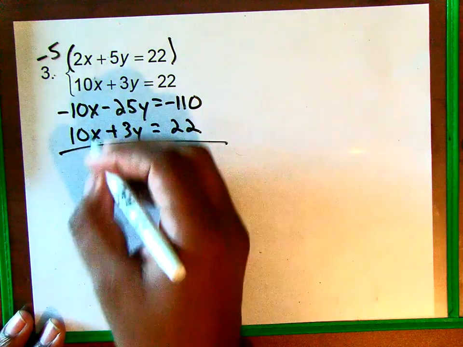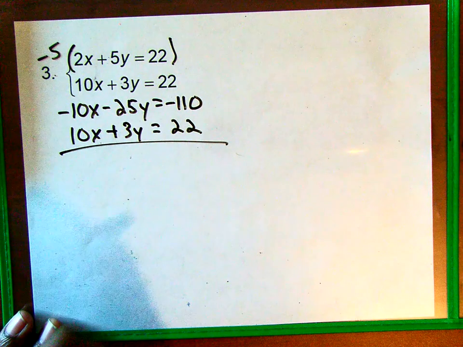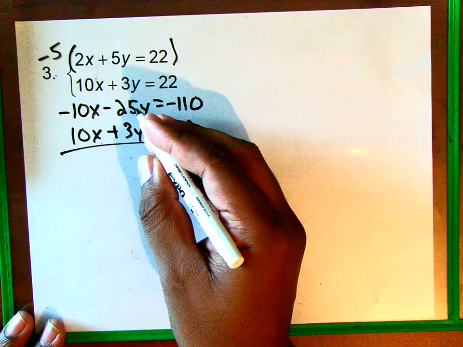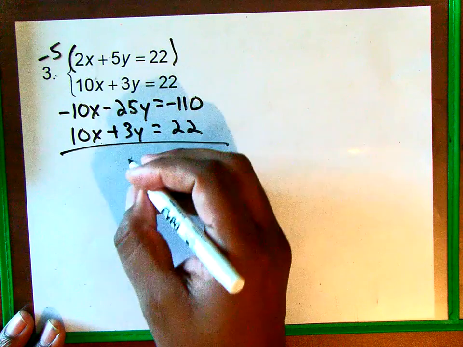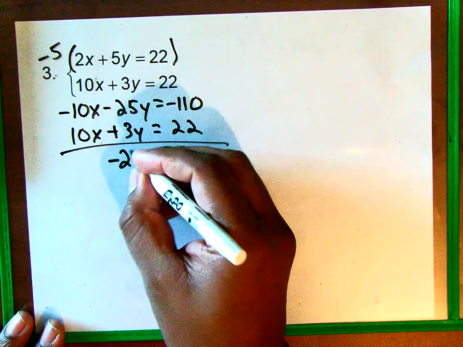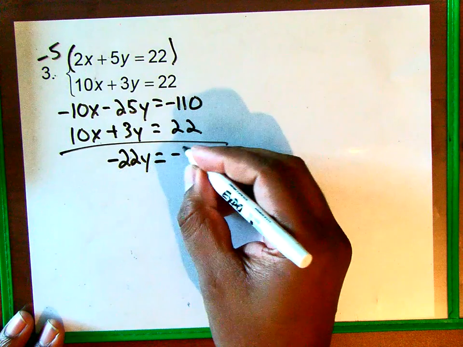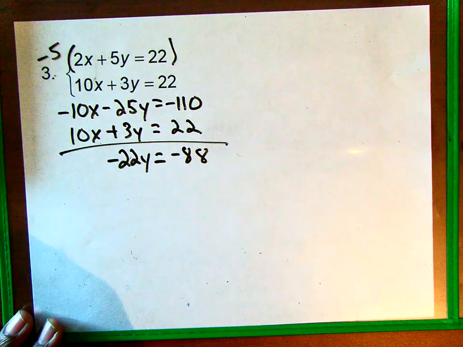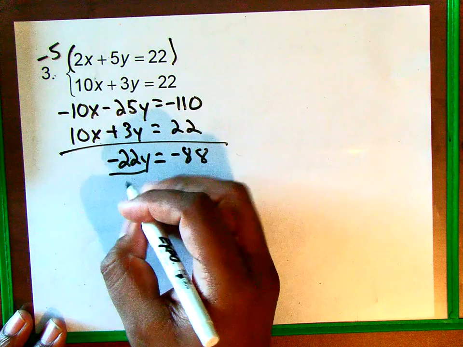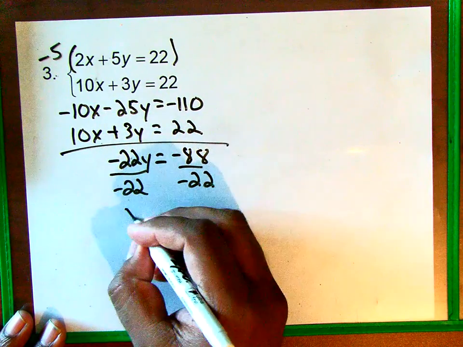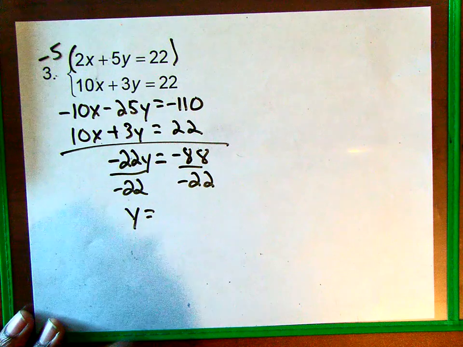Alright, now when I add, I'll end up with a 0 here. This will be -22y and -88. And now I'm going to divide by negative 22. And y is equal to a positive 4.